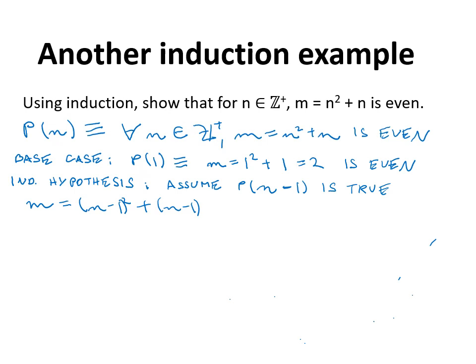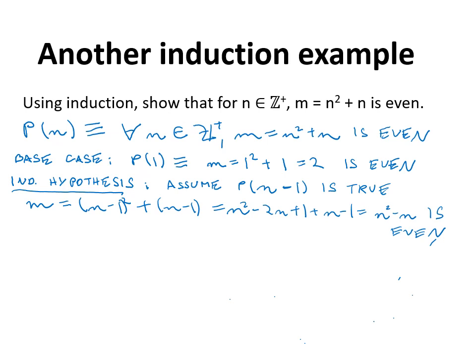So that's what m is equal to when we're using n minus 1, which is equal to n squared minus 2n plus 1 plus n minus 1, which is equal to n squared minus n is even. Okay, so that's our inductive hypothesis.